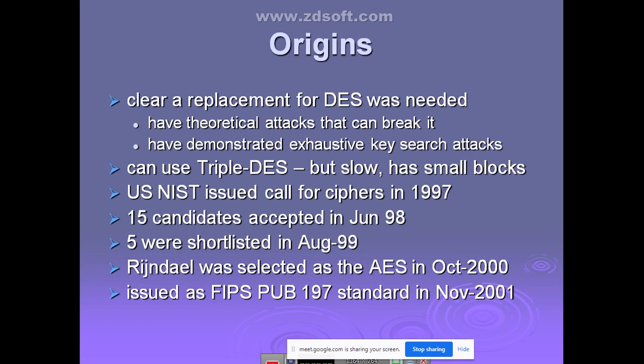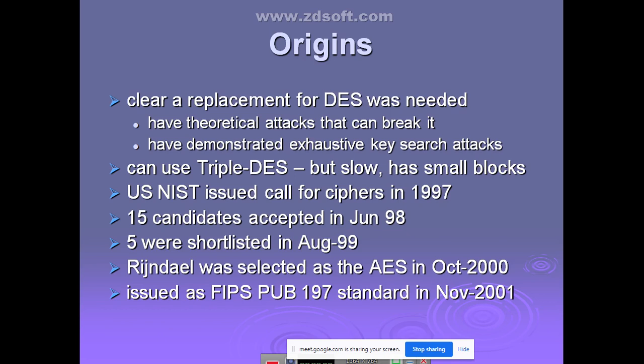It is possible on the DES, and it has a demonstrated exhaustive key search attack. The key search attacks can happen on the DES algorithm. To overcome all these drawbacks of DES, we have come up with the next algorithm, that is the AES. How it came into existence, that we are going to study here.